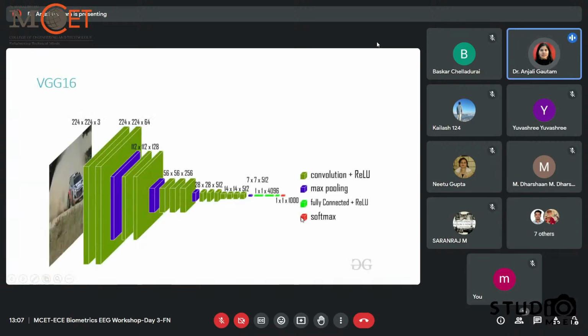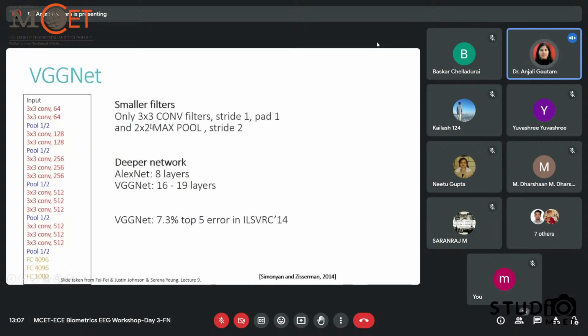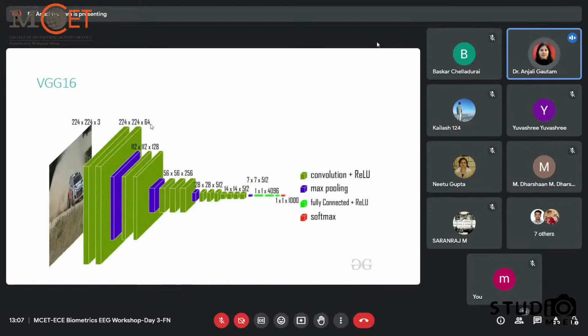So this is the VGG architecture which looks like this. That is the same image, convolution is there and the number of filters is 64. There is no reduction in the size, so it will remain 224 cross 224. Now next there is the pooling, blue color is the pooling, reducing the size by half.